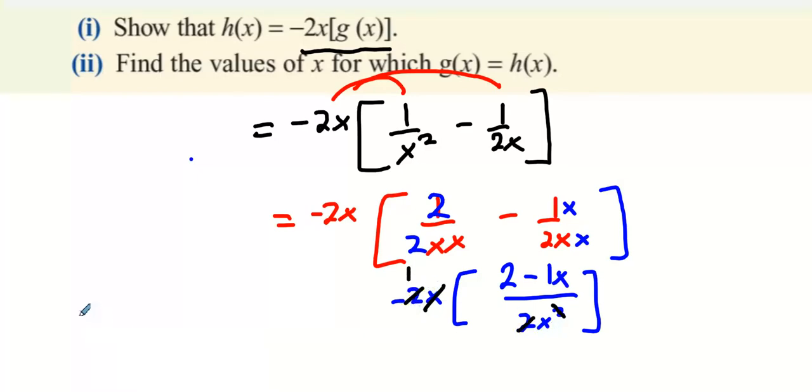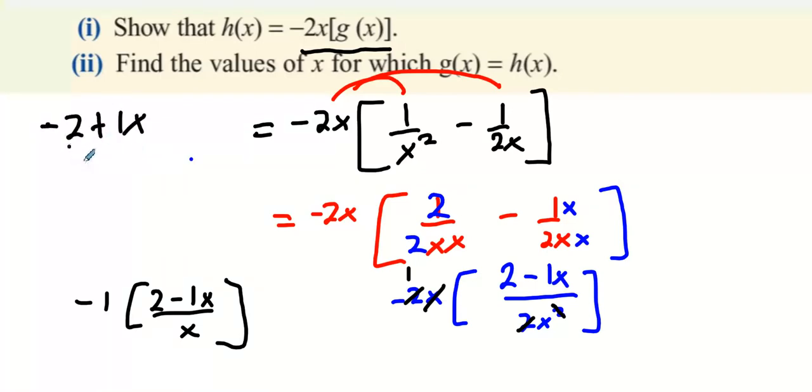And what we get at the end using Mel's method is minus 1 times 2 over 1x all over x, multiplying by the minus 2 Mel, and we get, multiplying by the minus 1, and we get minus 2 plus 1x all over x. Now you have to separate out the fraction.